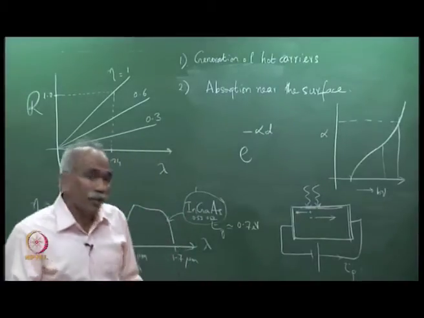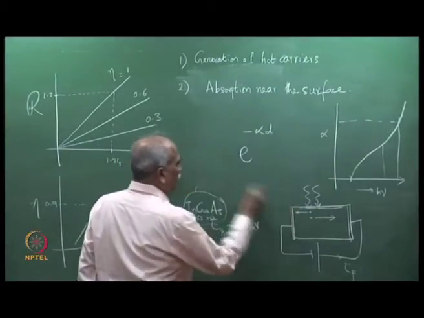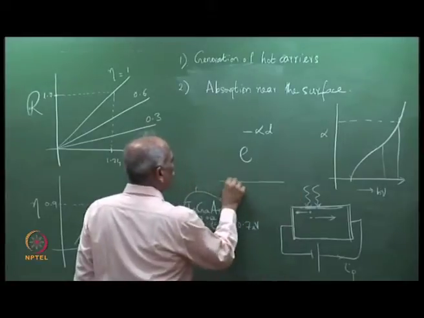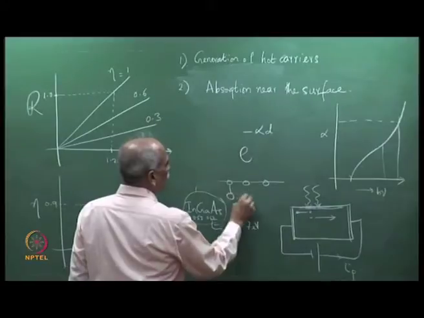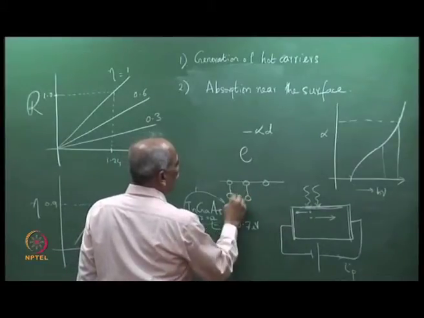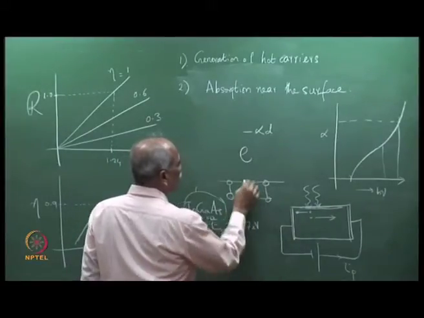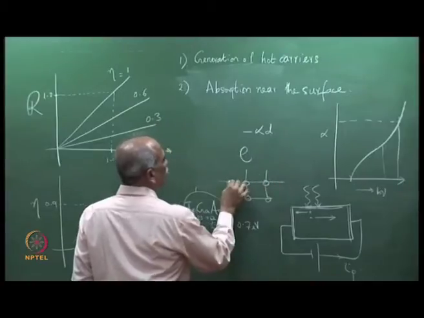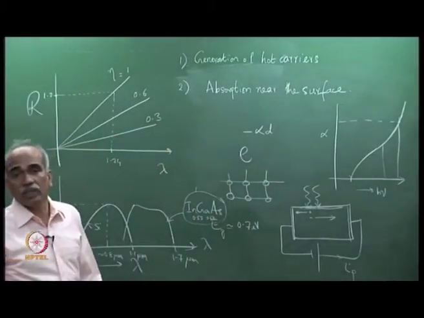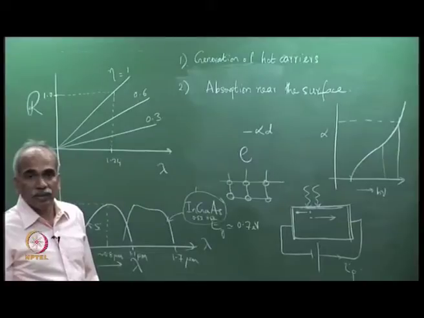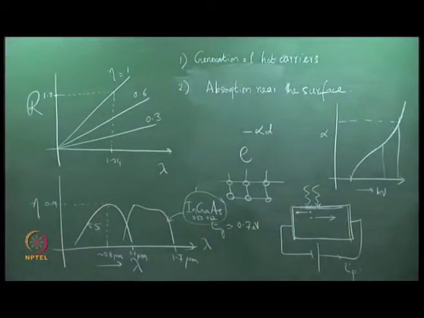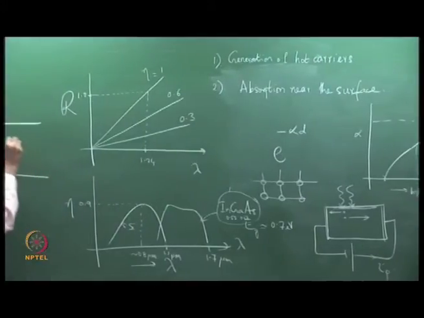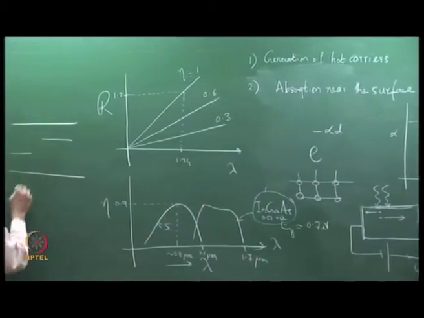If you enlarge the positions of atoms here and the bonds, you can see that to one side the bonds are dangling, they are free, they are not complete, and therefore these dangling bonds correspond to energy states somewhere in the gap.